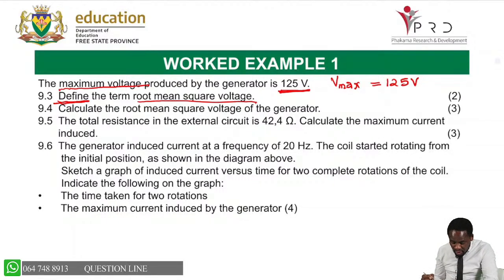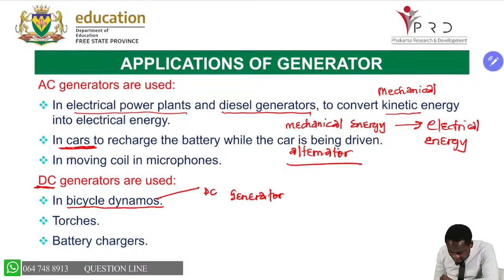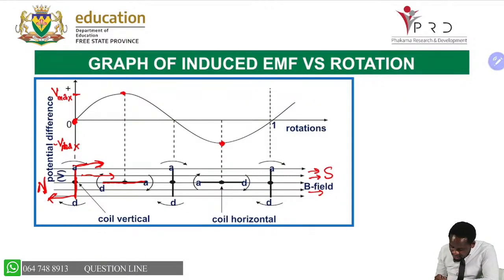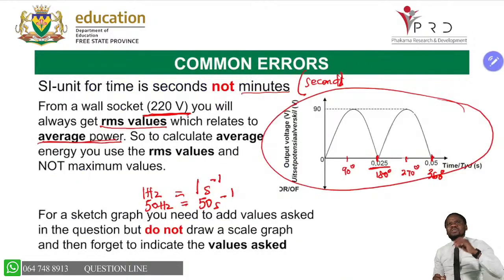So I can go back to our examination guideline, because that's our point of reference, right? We can go back to our examination guideline so that we understand where we're coming from. It says define the root mean square voltage. The root mean square voltage, which is potential difference, is the AC potential difference. What is this voltage for?